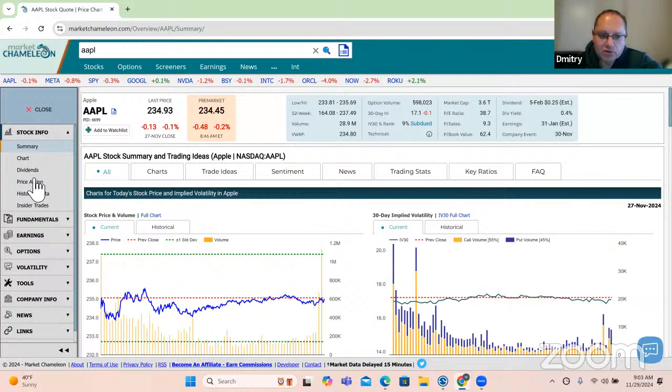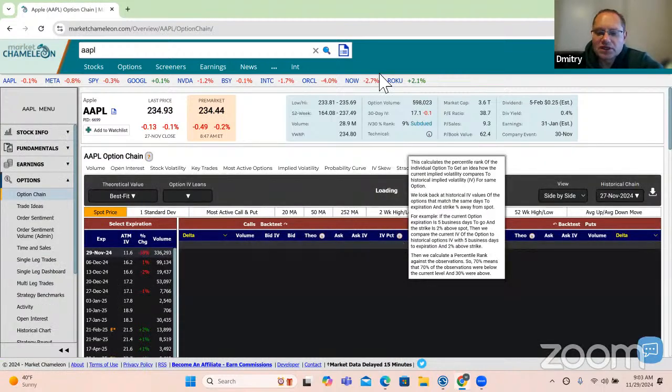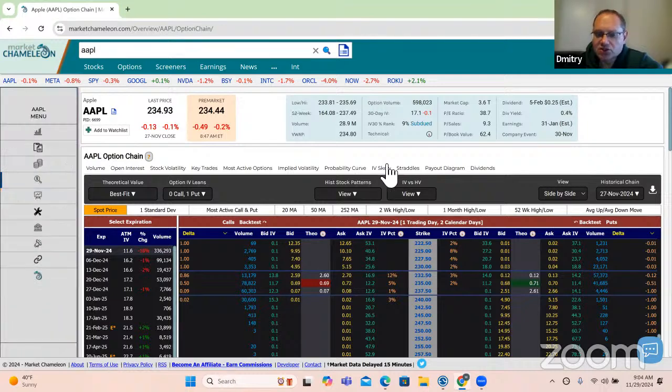However, what we'll do is reference the options chain. If you go to the left-hand side, you have this menu, and under options, we'll go to options chain. When we click on it, you will see Apple's options chain appear on the right-hand side. Let's close this menu to expand our screen.